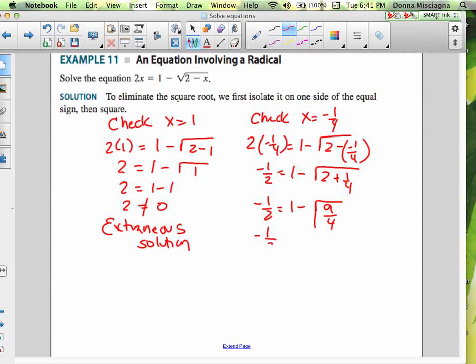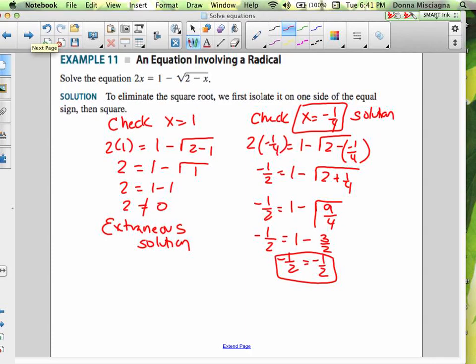That's -1/2 equals 1 minus, that would be 3/2. And that is a true statement. So I was starting to worry maybe we get no solutions, but we got one good solution. So this is a solution. x equals -1/4.